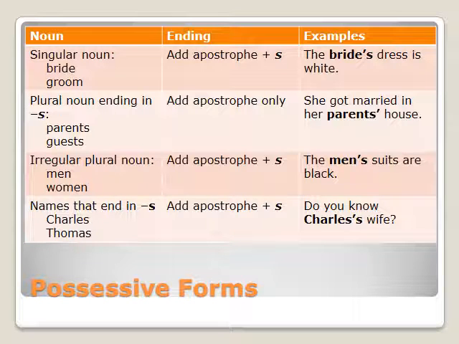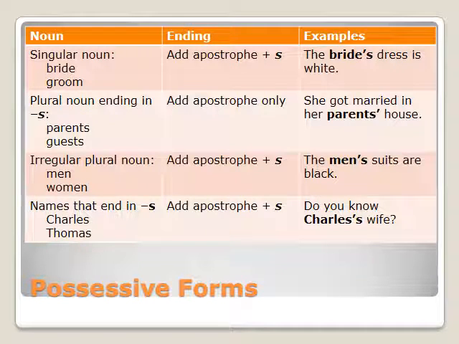So we have the bride plus the apostrophe and S. If we have a plural noun that is ending in S, we only add an apostrophe, and we put the apostrophe after the S. So she got married in her parents' house, and you'll see that we have the apostrophe after the plural S. When we have an irregular plural, like men or women, we're going to use the same method that we use with a singular noun. So we add an apostrophe plus S. So we have the men's suits are black.